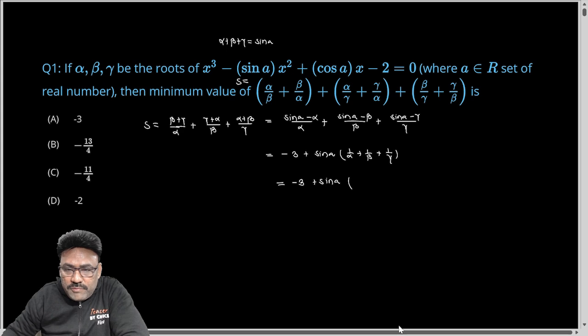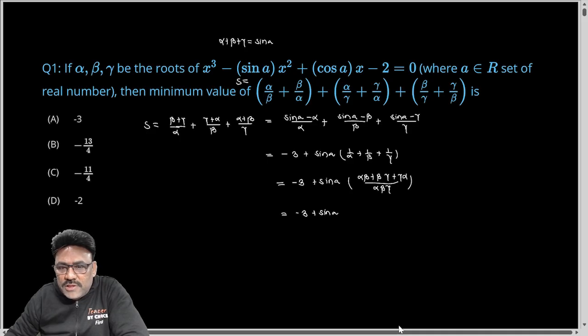Now 1 over alpha plus 1 over beta plus 1 over gamma is alpha beta plus beta gamma plus gamma alpha over alpha beta gamma. So now this is minus 3 plus sine A times that. Since alpha, beta, gamma are the roots of the cubic, alpha beta plus beta gamma plus gamma alpha is cos A, and alpha beta gamma is actually 2.